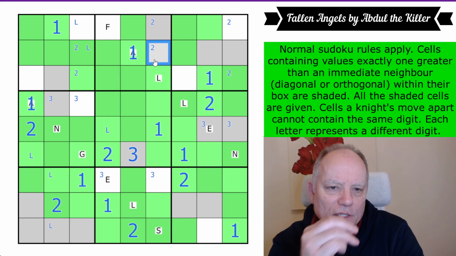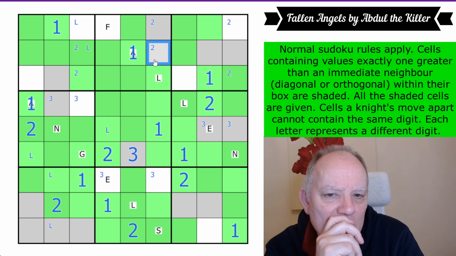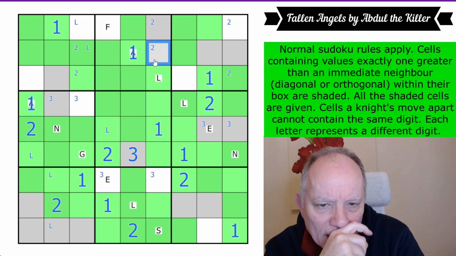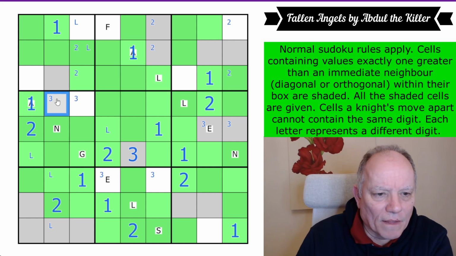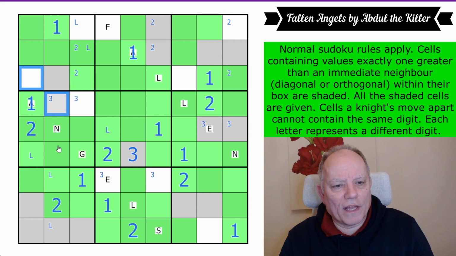That would have to be a 2. Would that do anything? Not really, actually. I feel like I'm missing something, though. I do have that strong feeling. If that's a 3, that's a 3, that's a 3. If that's a 3, that's a 3.